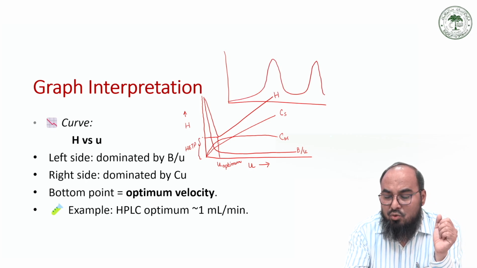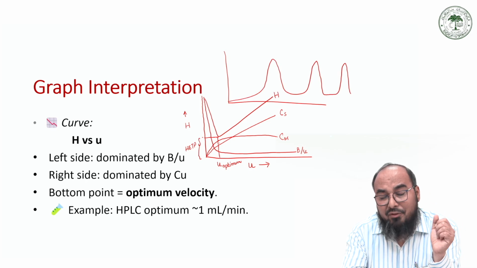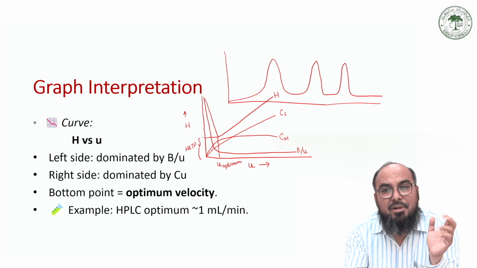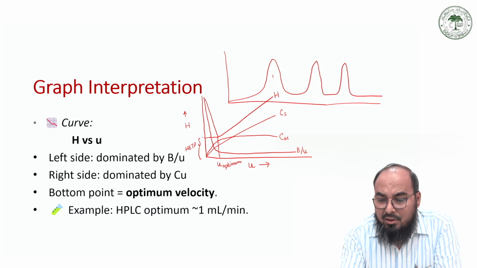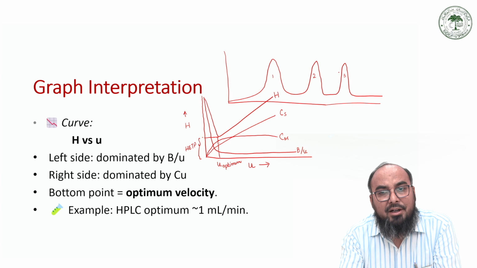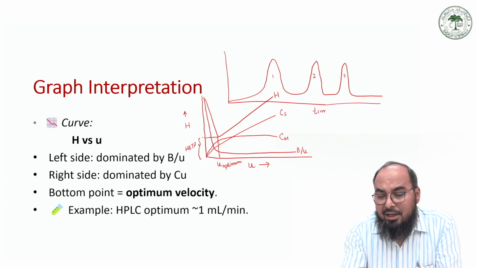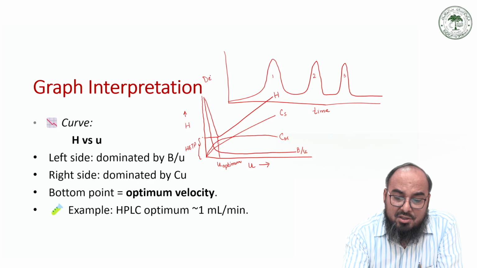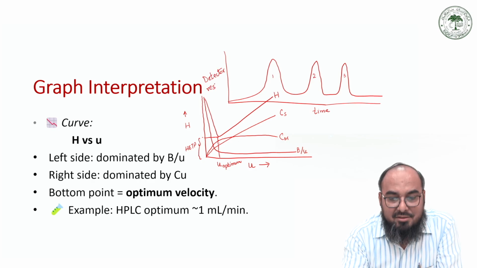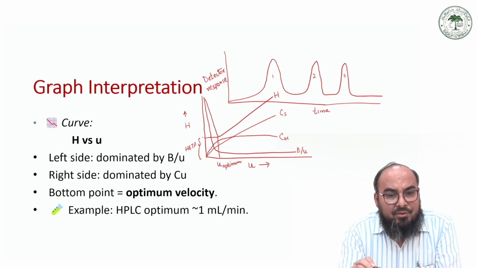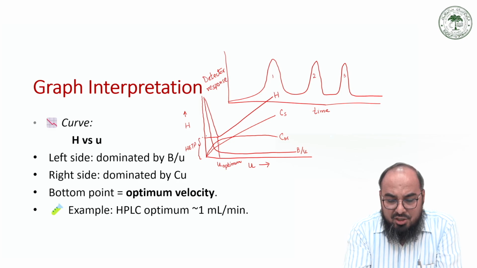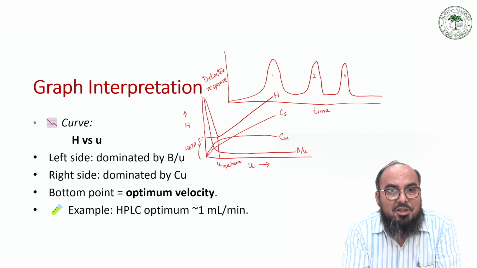For example, if it is 2 components, you have 2 peaks, or if it is 3 components, you have 3 peaks, and so on. Again, time is on the axis and detector response is on the other. So this bottom point tells you the optimum velocity, and this tells you the HETP.